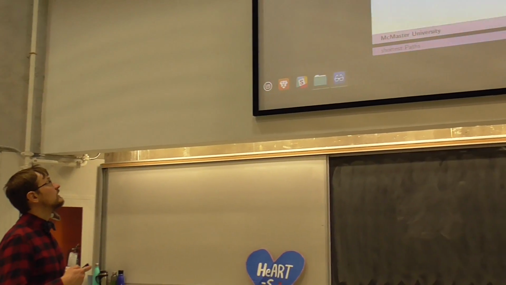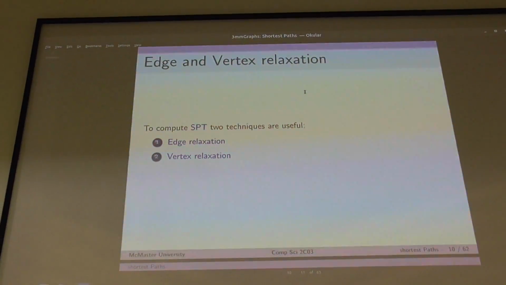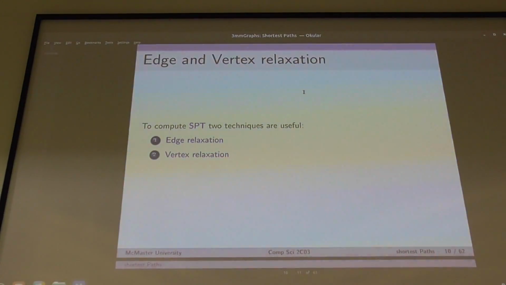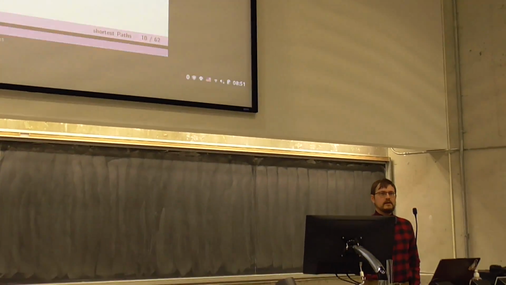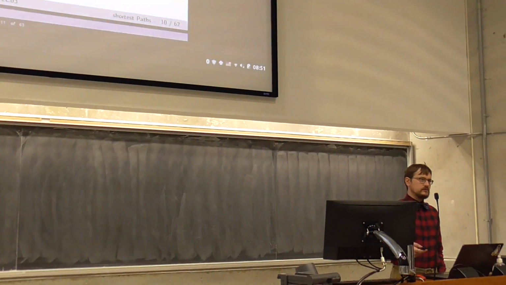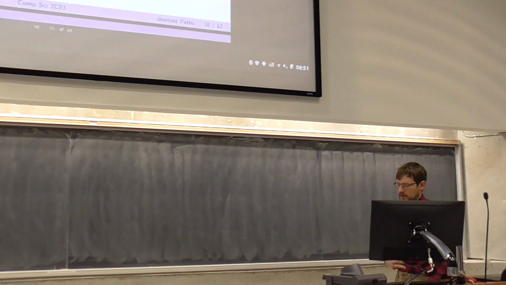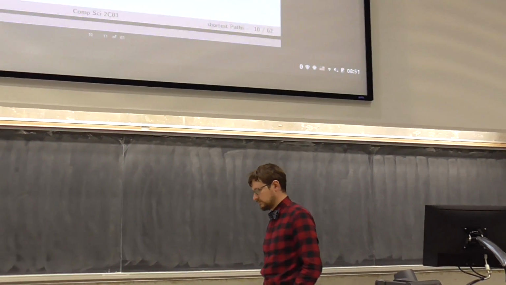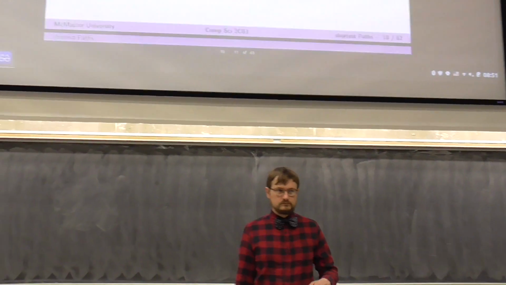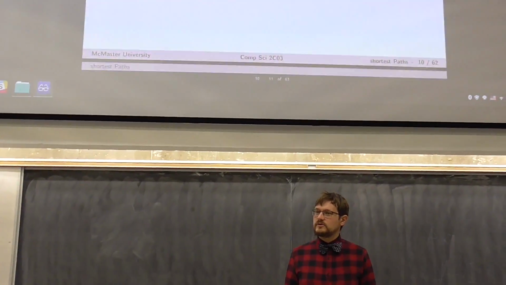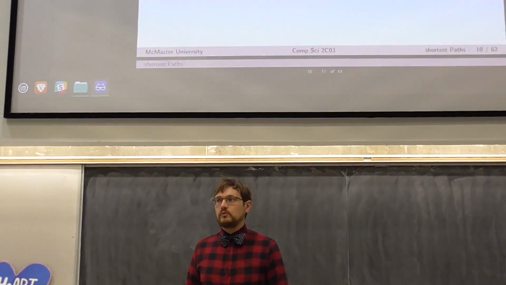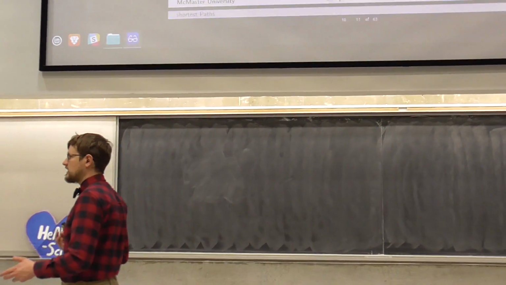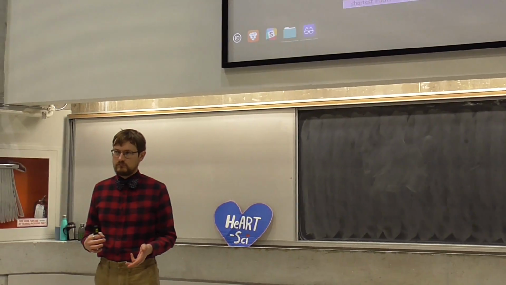So, to compute the shortest path tree, two techniques are helpful. Number one, edge relaxation, and number two, vertex relaxation. In general, the technique that we're about to employ, from a very broad perspective, we set ourselves up with a spanning tree, right?